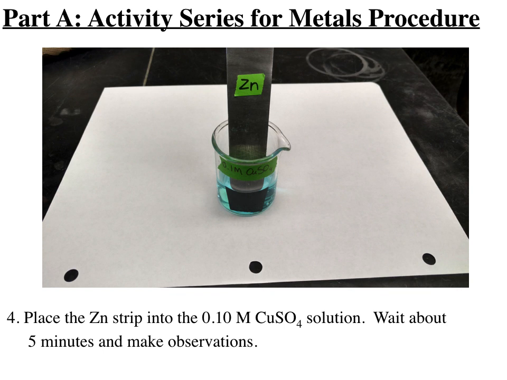Next, let's place a strip of zinc into the beaker containing the 0.1 molar copper sulfate. Let's wait a few minutes and let's make an observation on that strip.